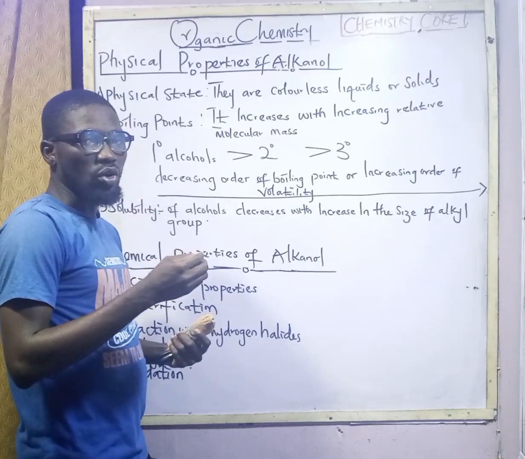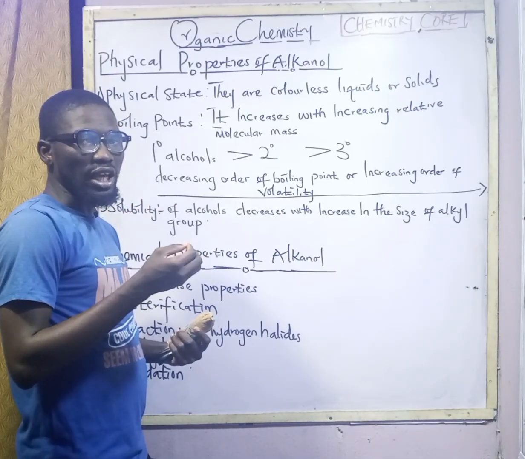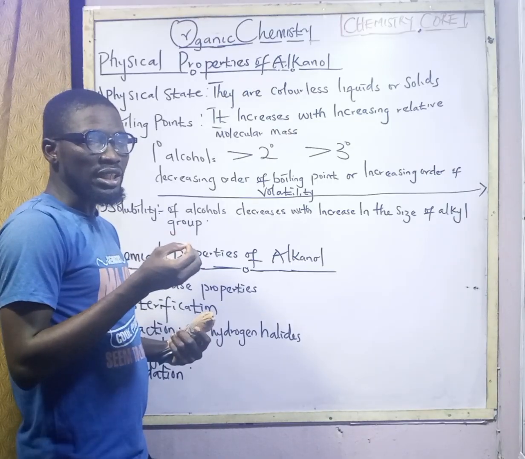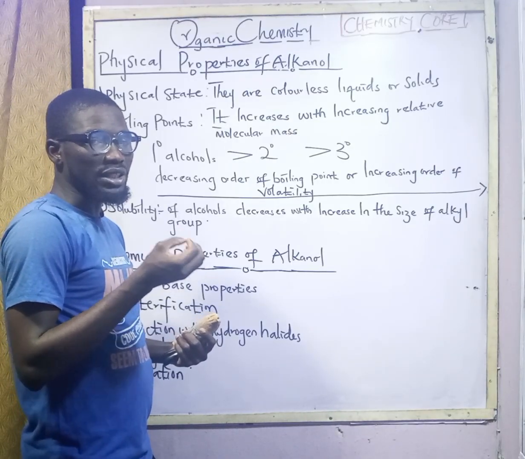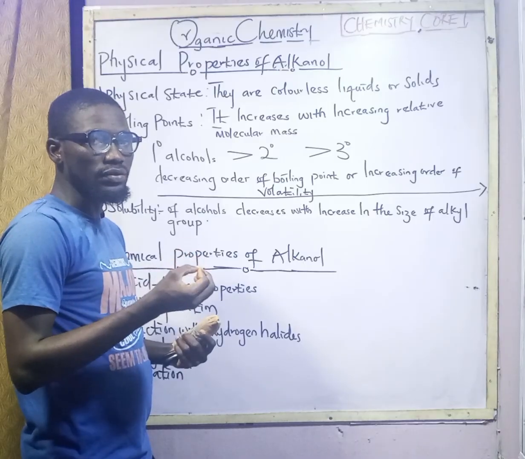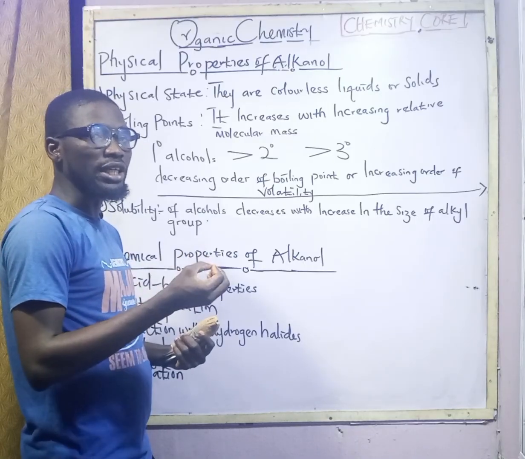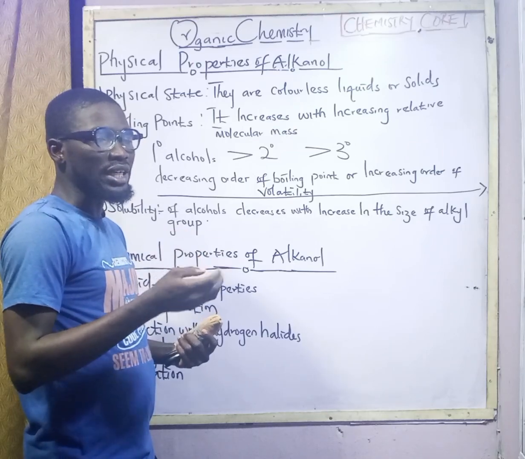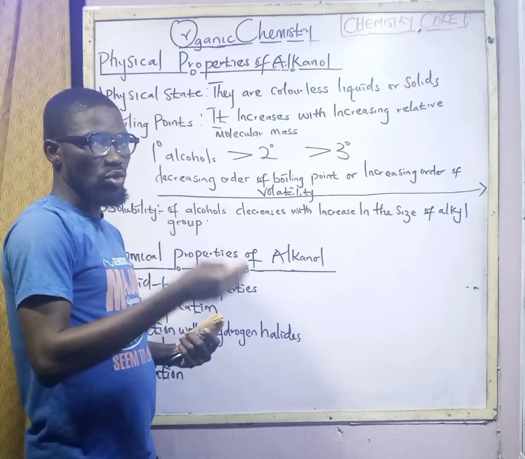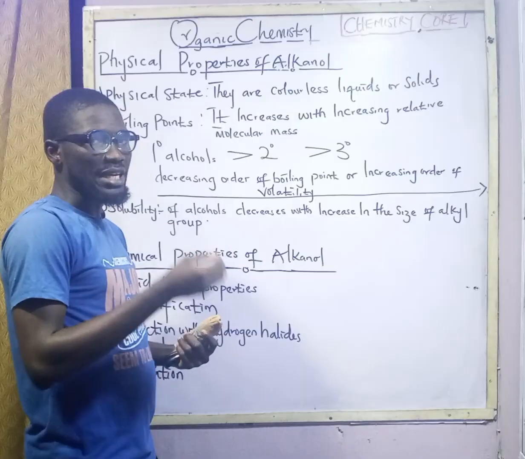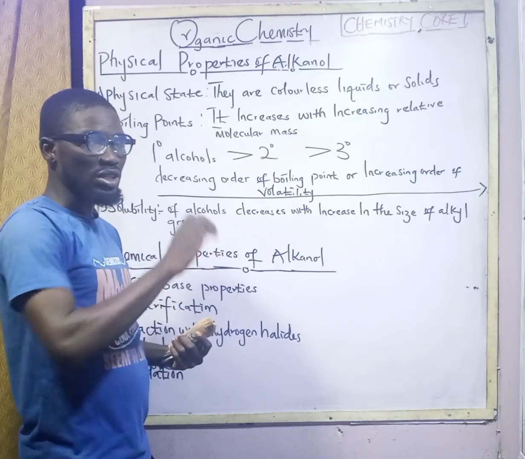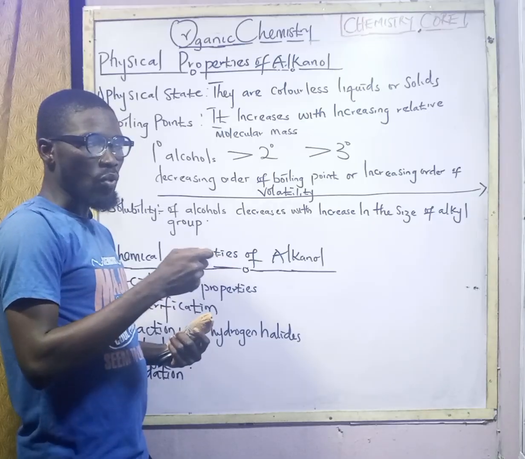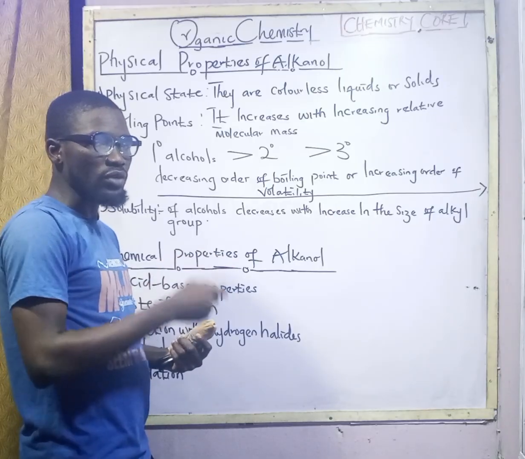Primary alcohols that have less than 12 carbon atoms are liquid at room temperature. The other way around, if they have more than 12 carbon atoms, they are solid at room temperature. That is the physical state, one of the physical properties of alcohol.